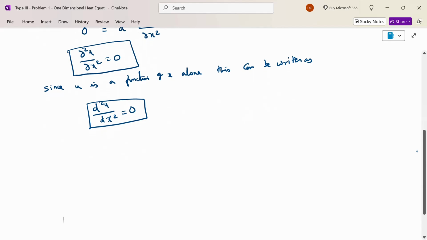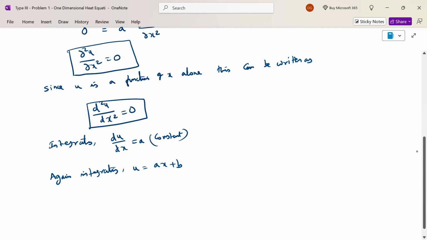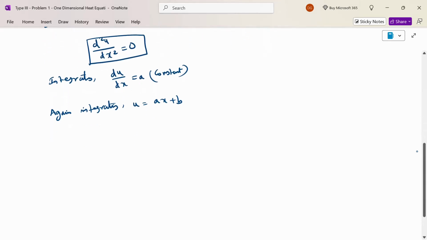When I solve this equation by integrating, we get du by dx equal to a constant. Again integrating, u equal to ax plus b. So this is u of x equal to ax plus b, the solution for this equation.